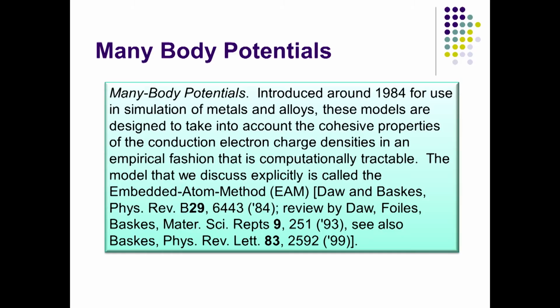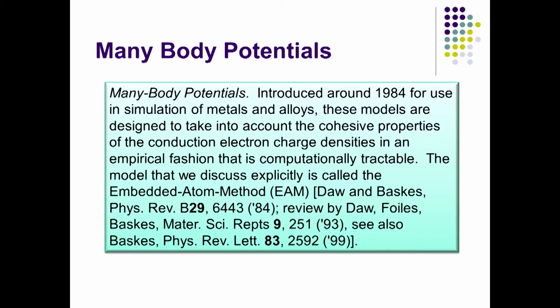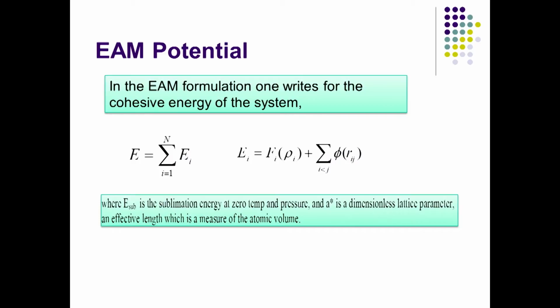Just like the 6-12 potential in Lennard-Jones, you have a very clearly defined mathematical function. And so, that is where the name comes from, the embedded atom method, where you have an atom embedded inside the charge density of electrons. And this was done in 1984 by Daw and Baskes and their associates. So, you can see a lot of references given here.